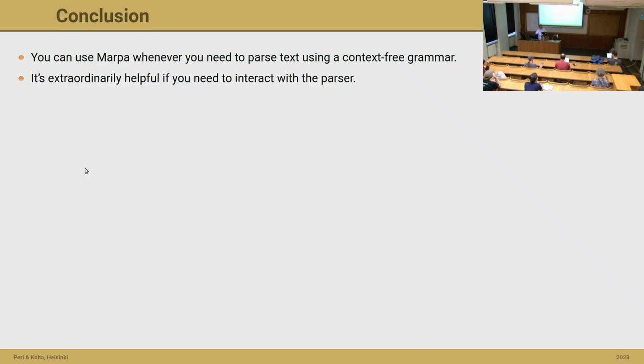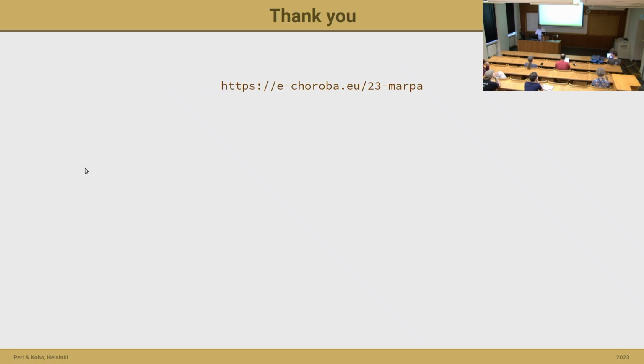And it's extraordinarily helpful if you need to interact with the parser, which also makes it possible to parse much more complex languages than just context-free. So thank you. This will be the URL once I upload the slides.